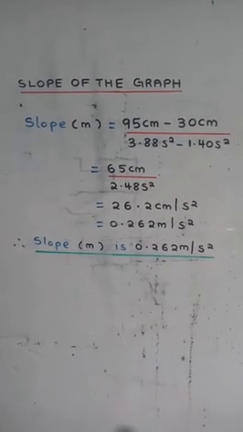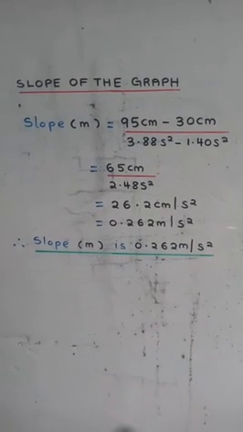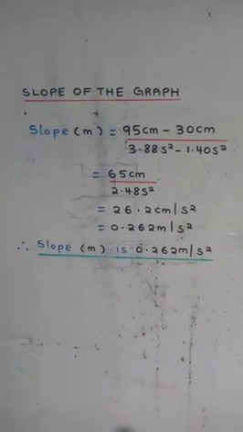Therefore, slope is 0.262 meter per second square.